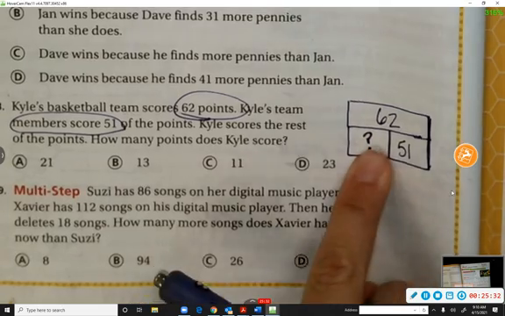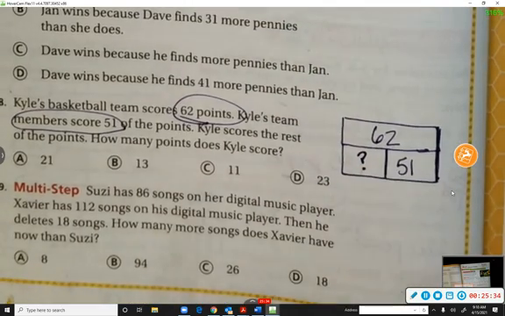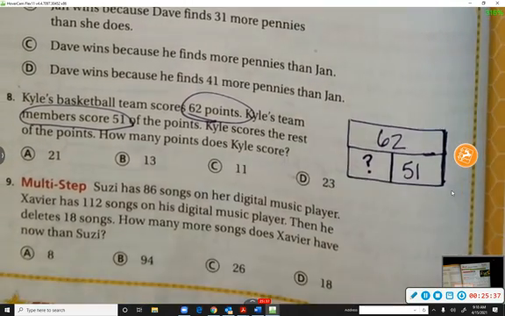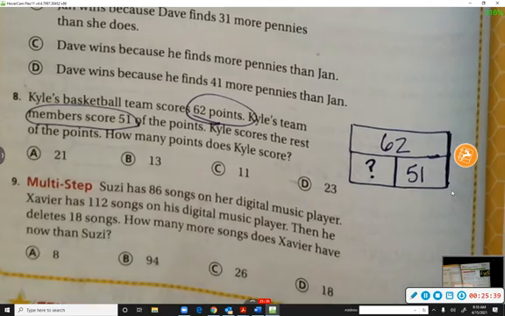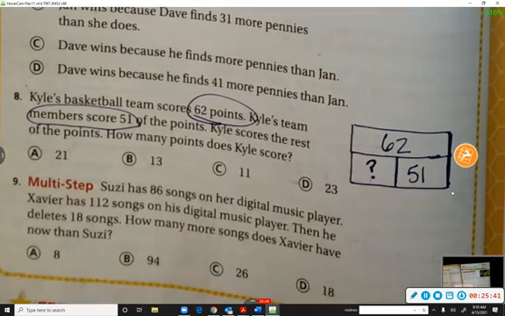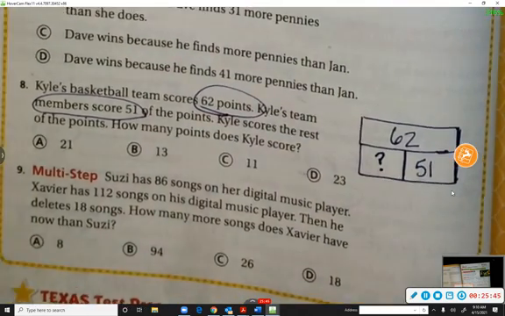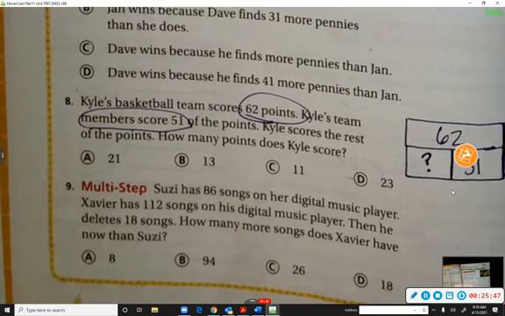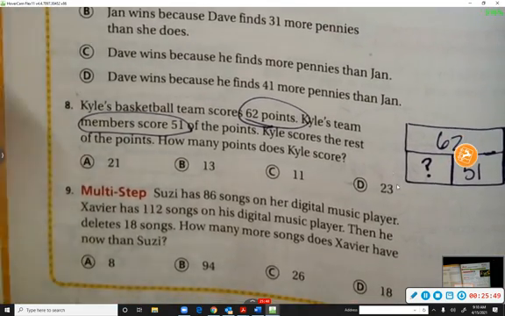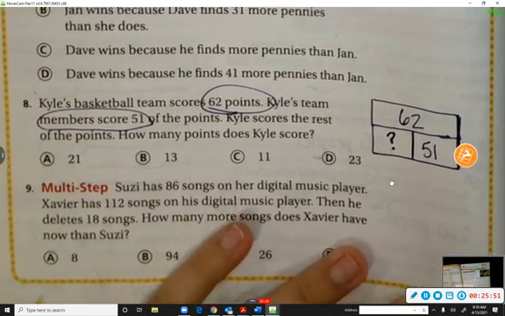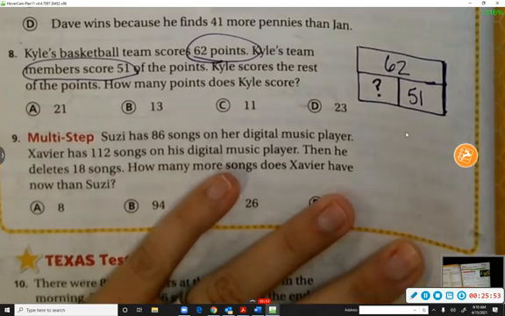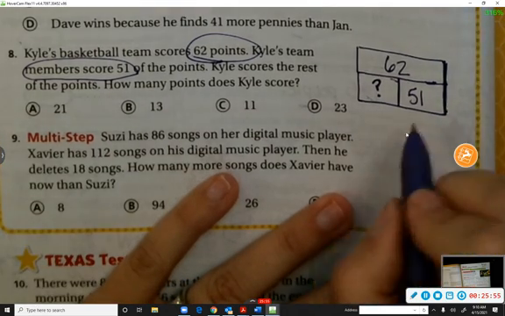So what am I going to do to find this missing piece? Kelsey? We're going to get 62 and 51 and subtract them. Very good. Anytime I have a missing part, I need to subtract.